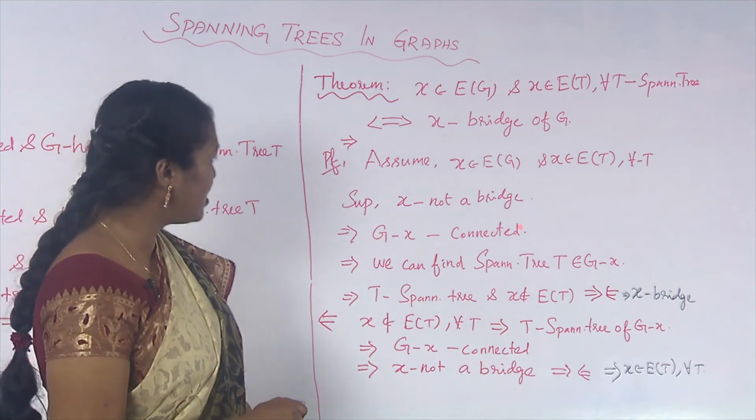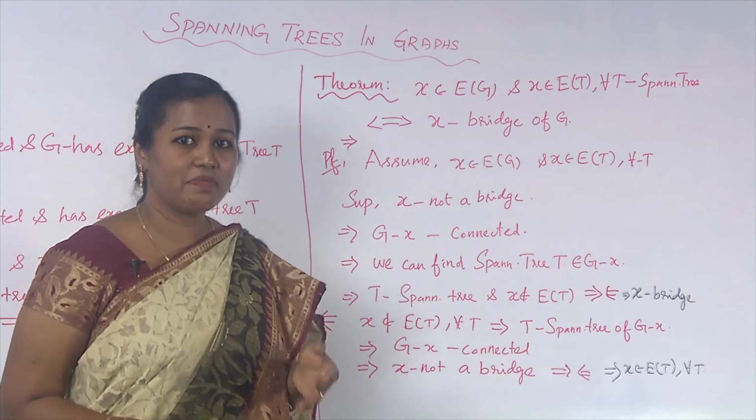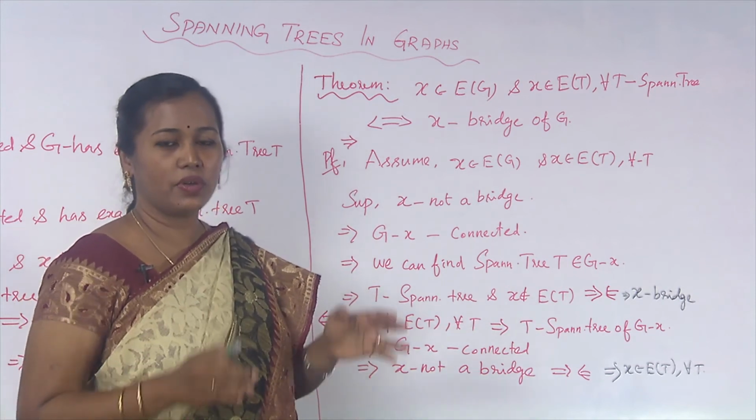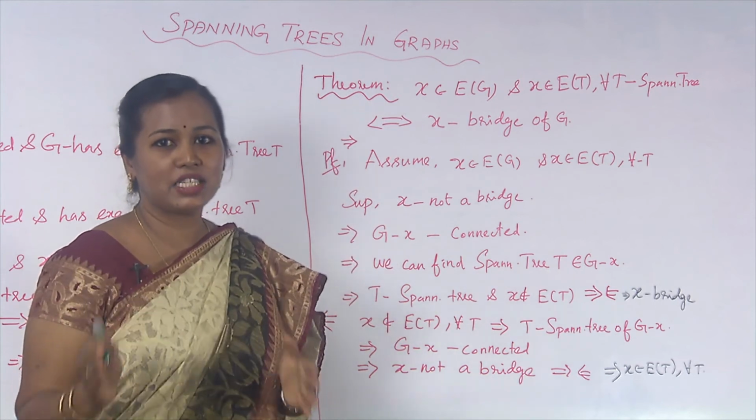If G minus x is connected, then by the theorem that we already studied, every connected graph has a spanning tree. So, G is connected if and only if it has a spanning tree.